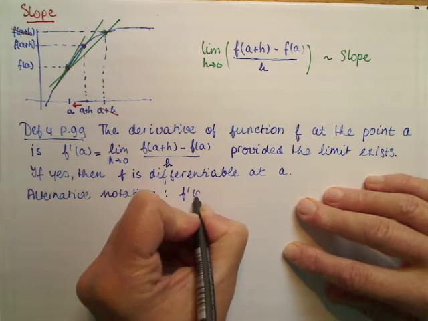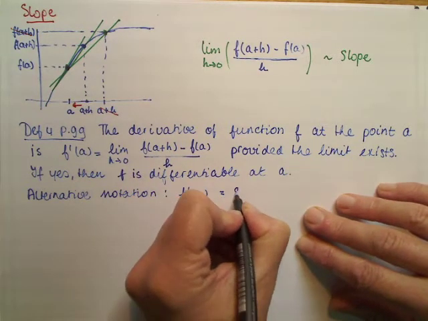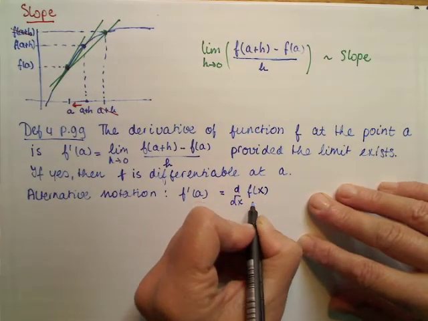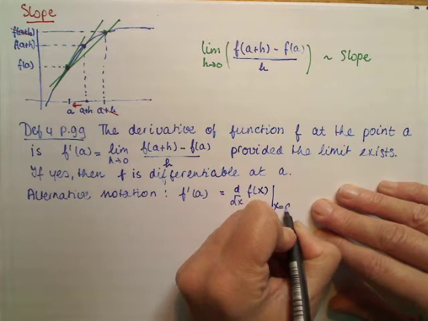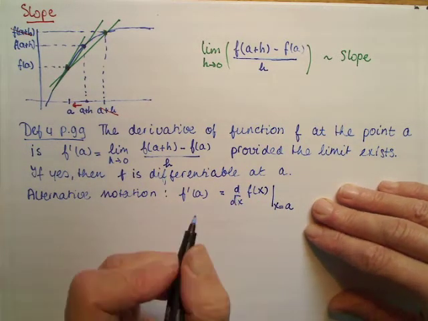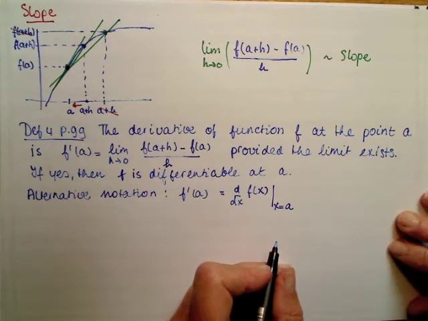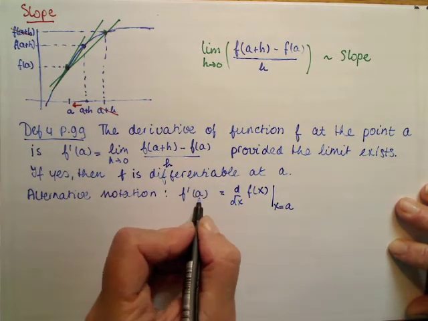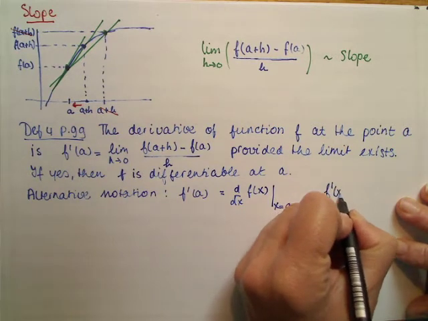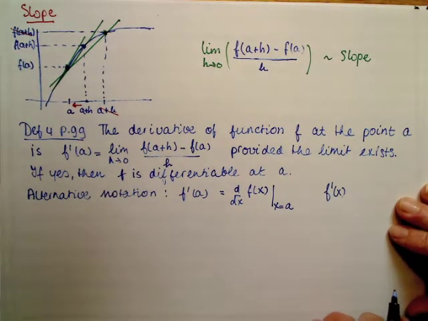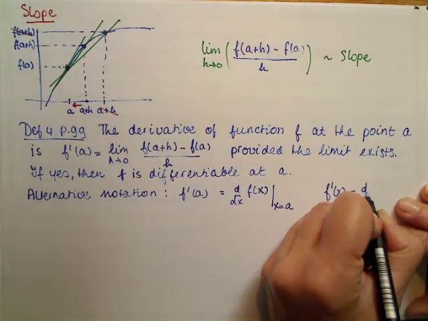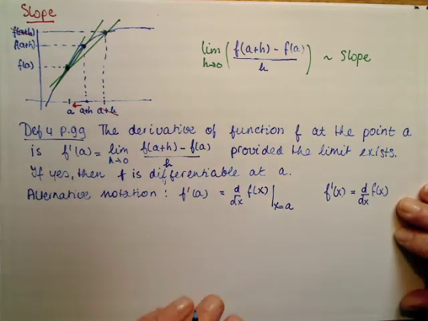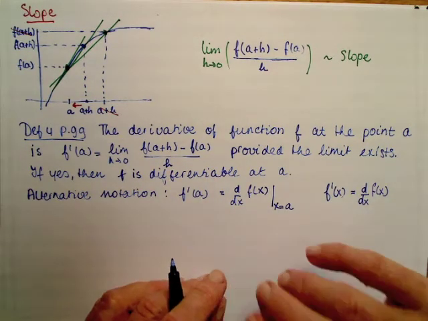Instead of f prime a, we can write d/dx of f(x) evaluated at the point x equals a, and this d stands for derivative again. You can also write it in a general way, not as the derivative at a particular point a, but as a function itself, and you call it f prime x, and then we just write it as d/dx of f(x) without specifying the point a. It's also possible.